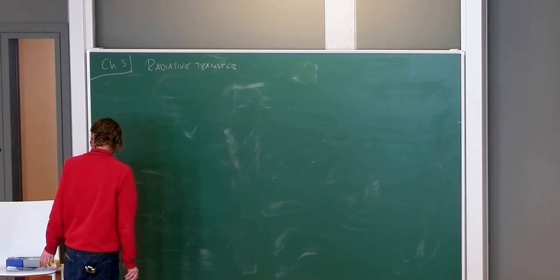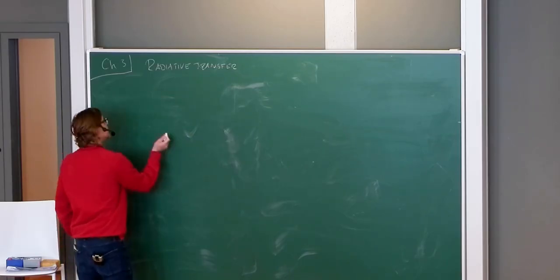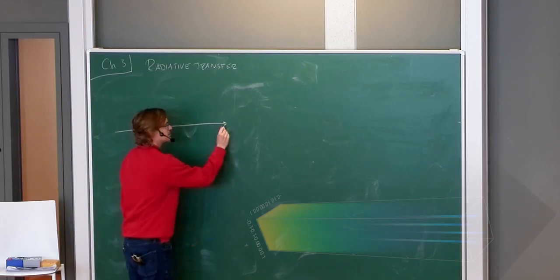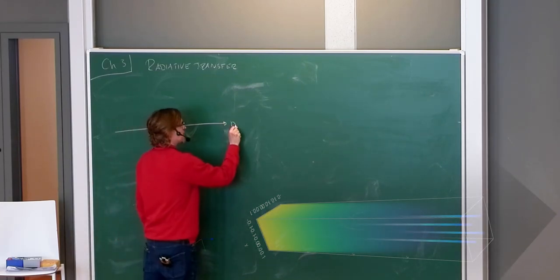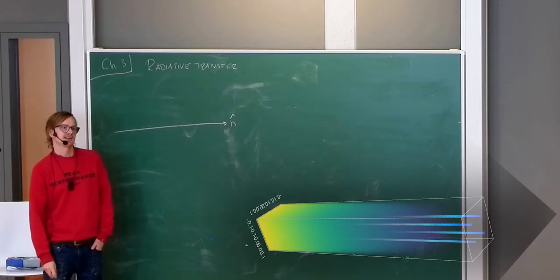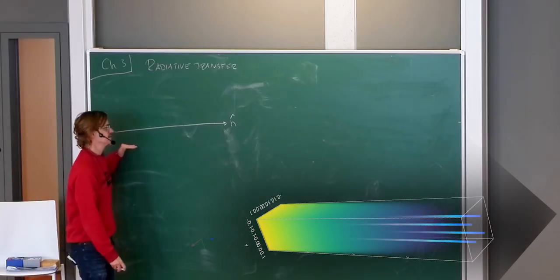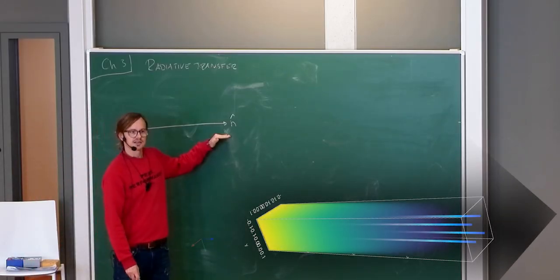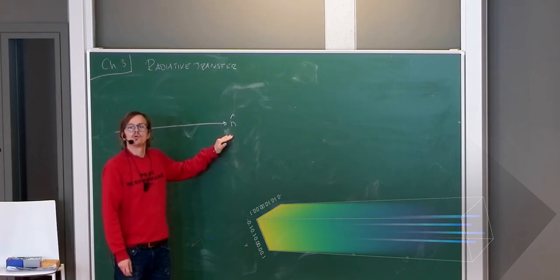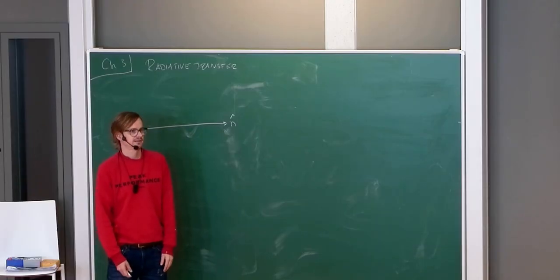Now, remember when we introduced the specific intensity, we said it was along some beam traveling in some direction n-hat, okay? And then we said that the specific intensity is constant along this ray as long as there is no interaction with matter. Okay, but what if there is?